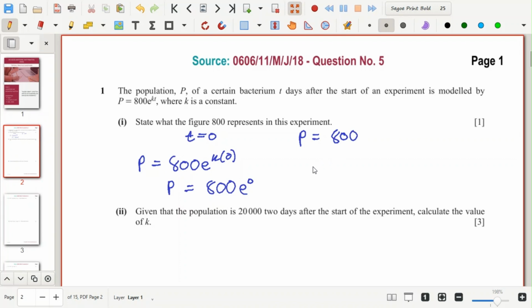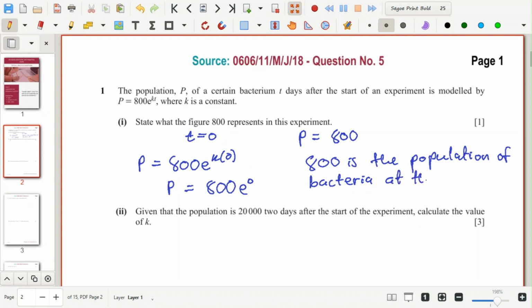So we can say with confidence that the 800 is the population of bacteria at the initial time or at the start of the experiment.